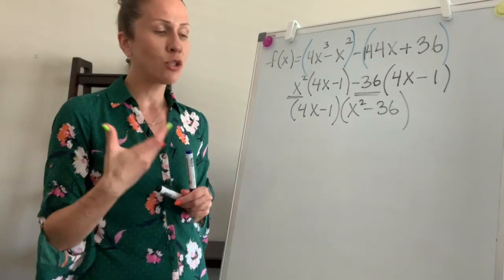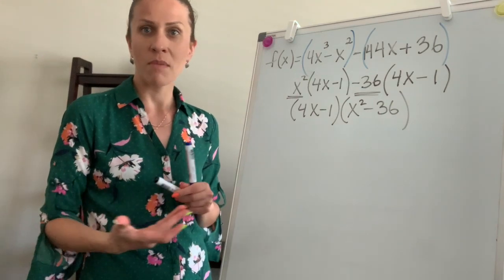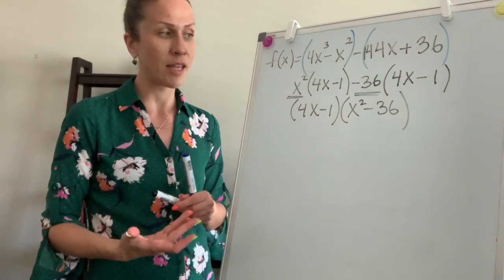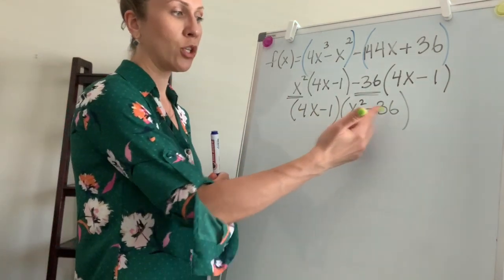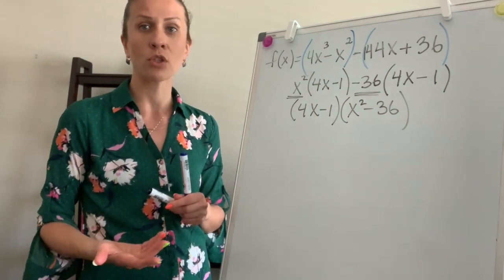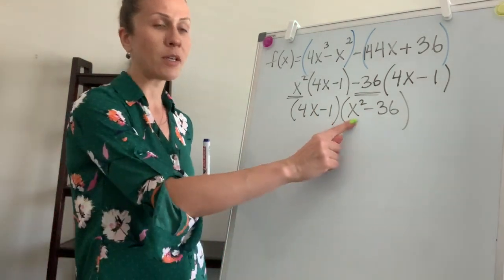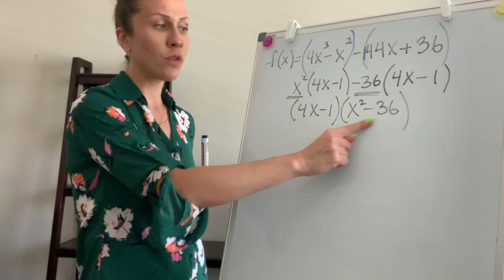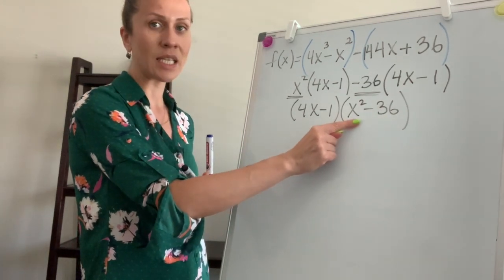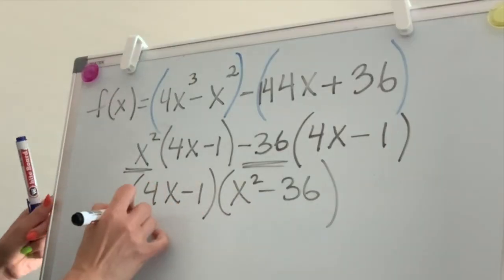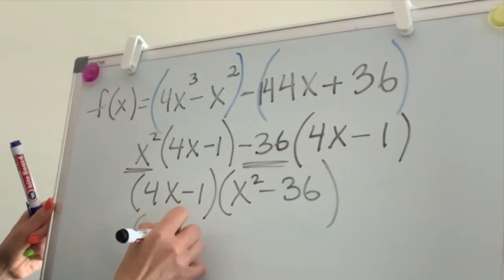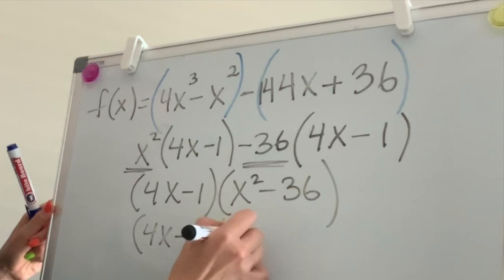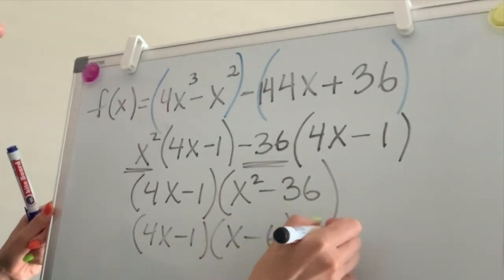However, I need to look at each of my factors and see if maybe I can factor further, and I can. X squared minus 36 is the difference of squares. So x squared is x times x, and 36 is 6 times 6. This will produce x minus 6 and x plus 6. So 4x minus 1 stays as is, and then x minus 6 and x plus 6 here.